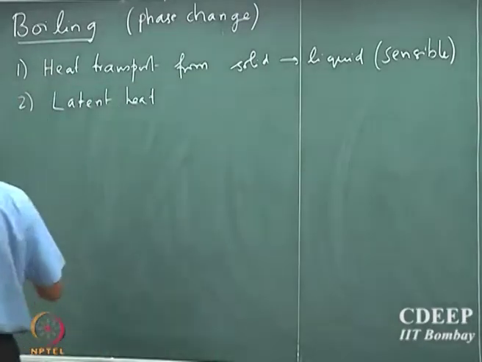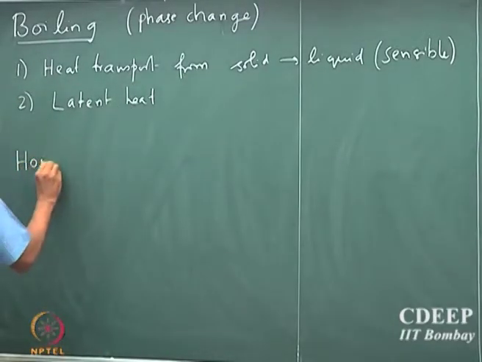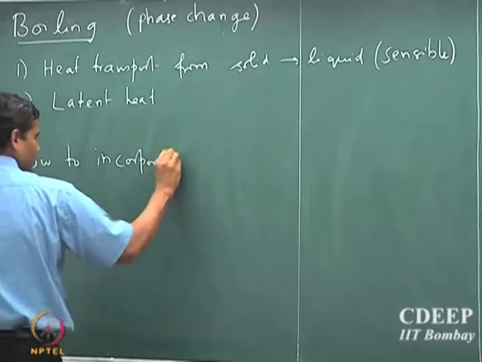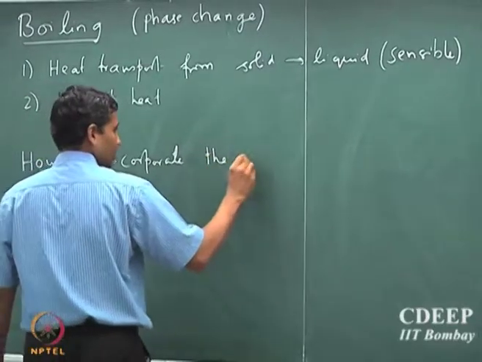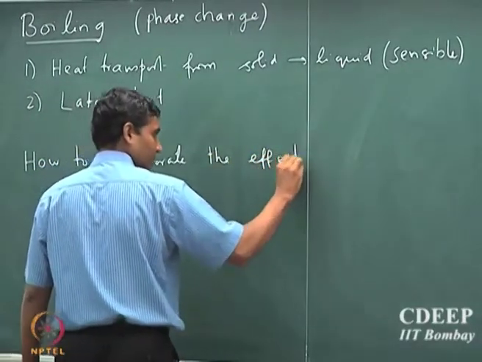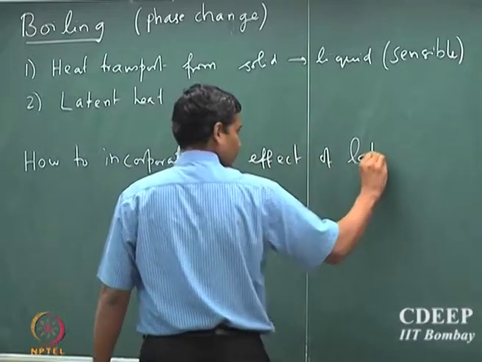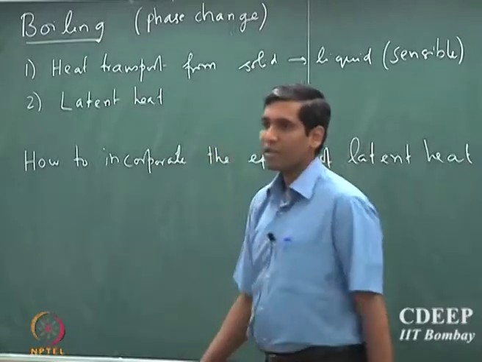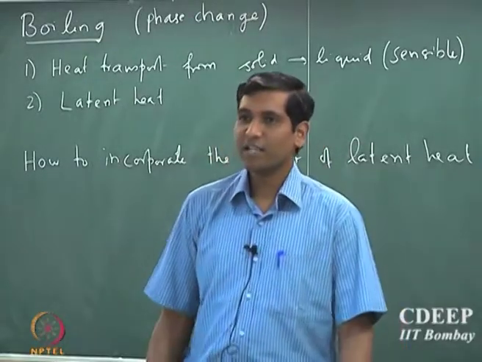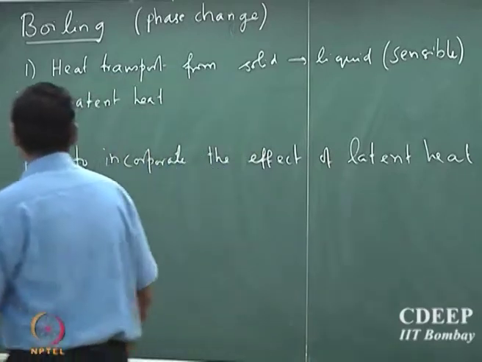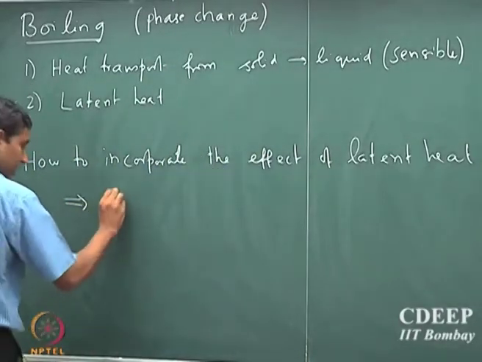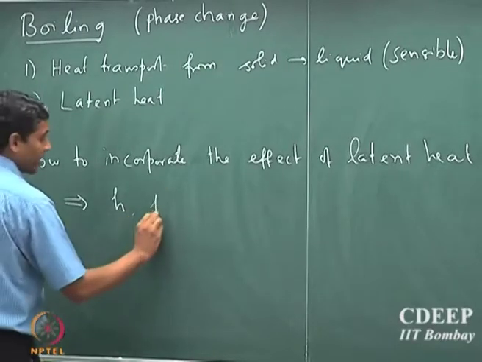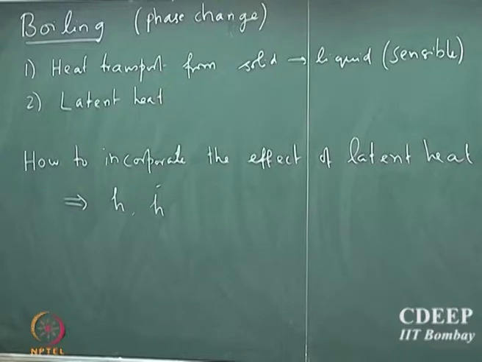What we are going to see is how to incorporate latent heat in the heat transport calculation, and we retain our original objective. The objective is to find the heat transport coefficient, H and H1. So those are the objectives.